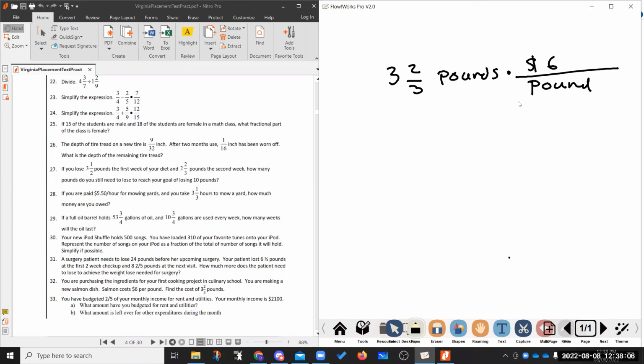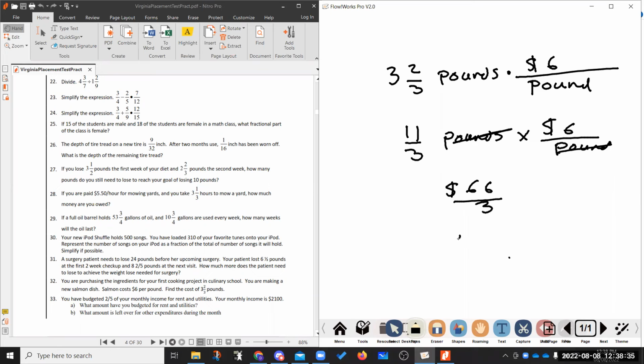Okay, so that is 18, 20, no, not 18. This is 9 plus 2 is 11 thirds pounds times $6 per pound. Pounds will cancel. This is 66 divided by 3 is exactly $22 would be what you would spend on salmon.